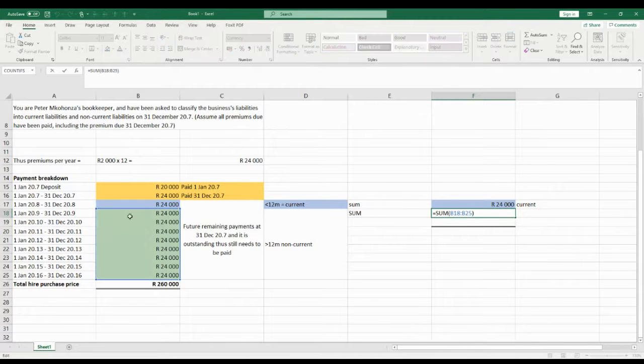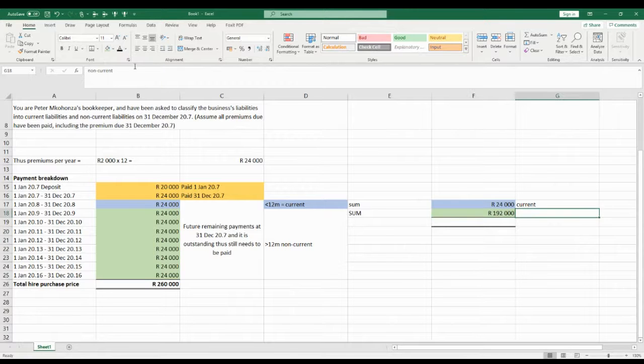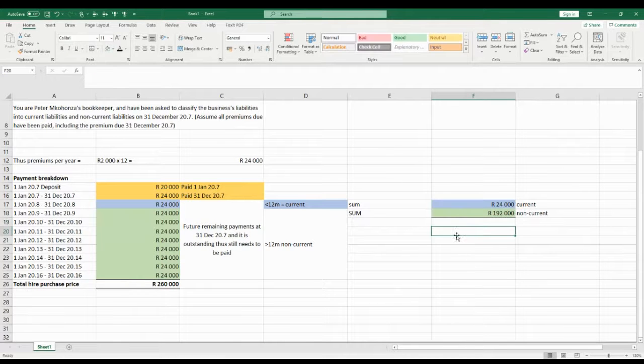and we add all of these together, we get 192,000, which represents the green ones. And this is then our non-current amount. If we sum these two, we get a total outstanding of 216,000.